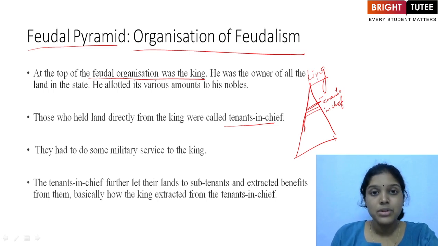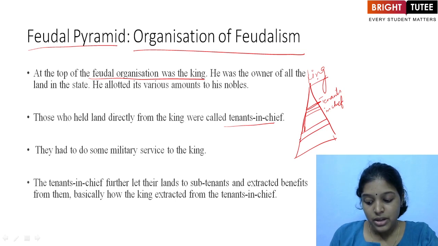directly from the king. And the tenants in chief also subinfeudated, or subdivided, the land among different people who had come under the tenants in chief, and they were also the lords who had holding rights.